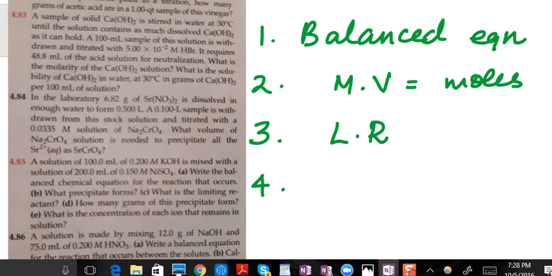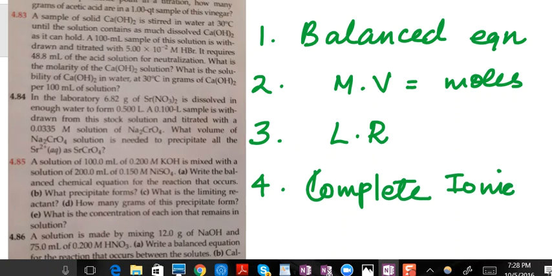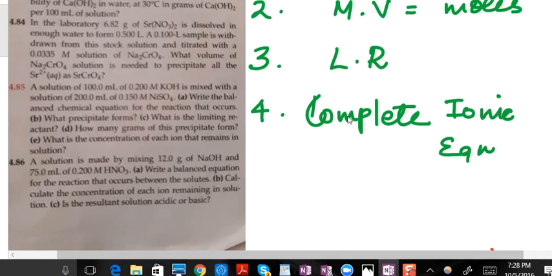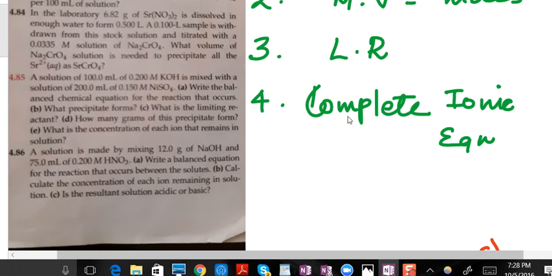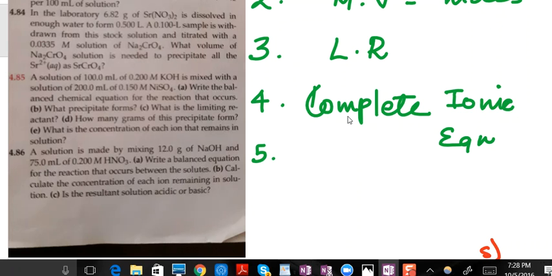Okay, and the fourth step was to write the complete ionic equation. This was important because the question actually asked you how much of each ion was left, okay? At this point, you would know that the limiting reagent was completely used up. So this is used up.